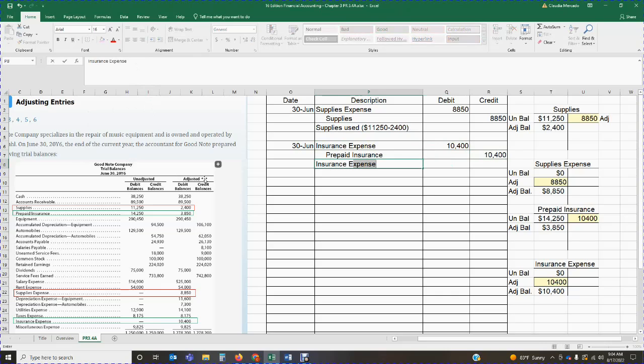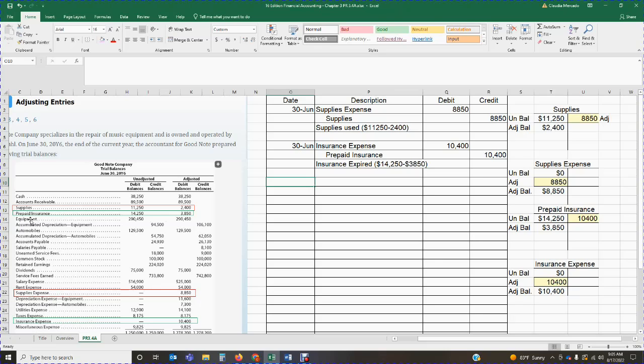And this is the insurance expired during the period. That'll be $14,250 minus $38.50. So that is my second adjustment. We've already taken care of supplies, prepaid insurance, supplies expense, and insurance expense.